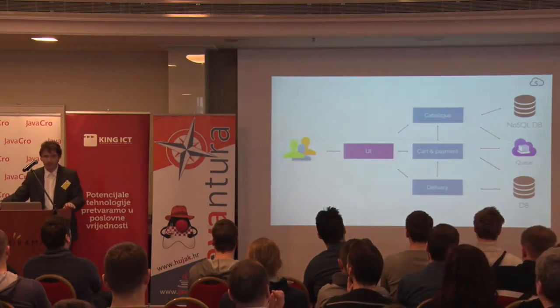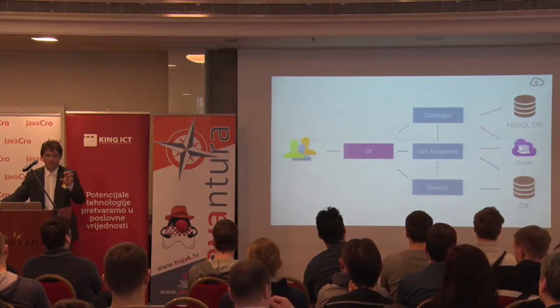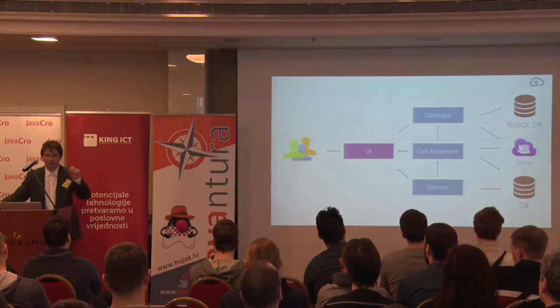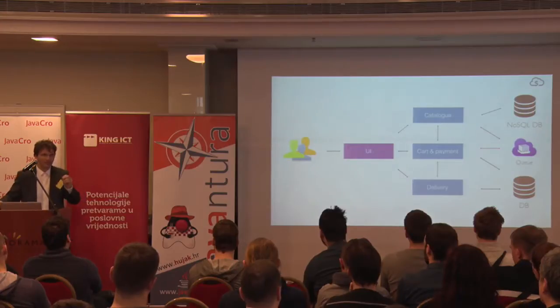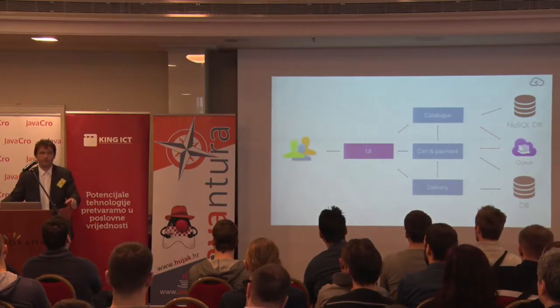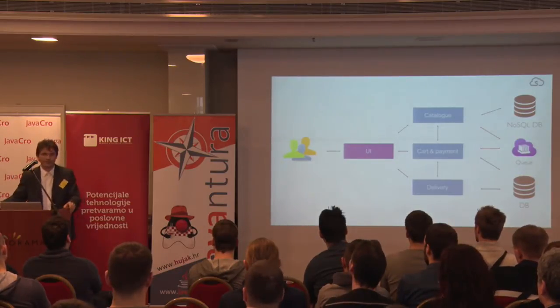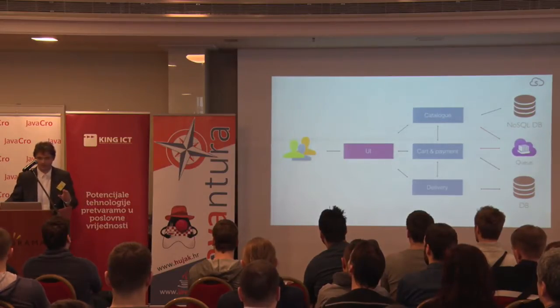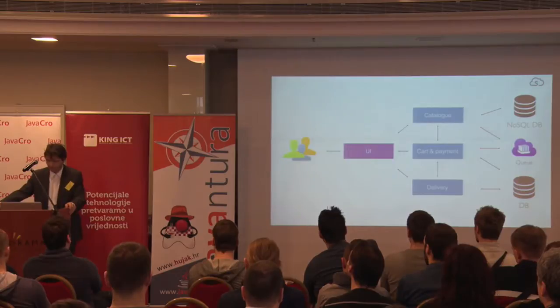So the catalog would be one separate unit for deployment, not only a logical service within the application, but we would actually pack it and deploy it separately. The same holds true for cart and payment, for delivery, and also for the front end, particularly if it's the server-side front end. If it's client-side web development, then things are a little bit different.